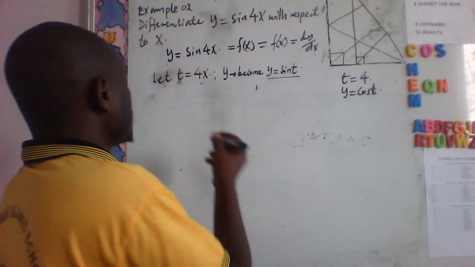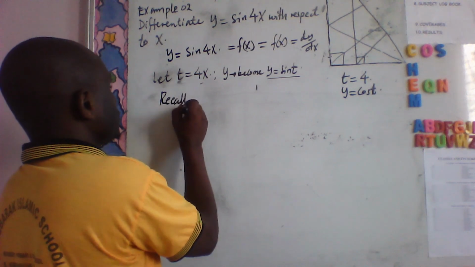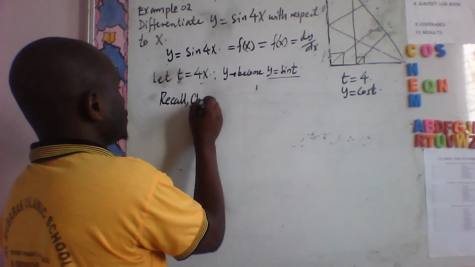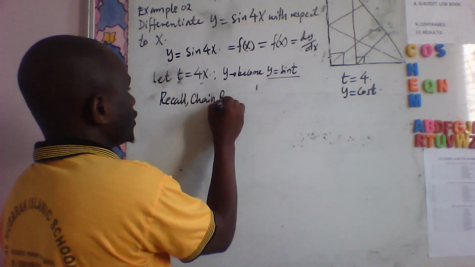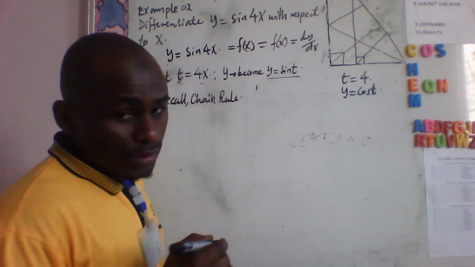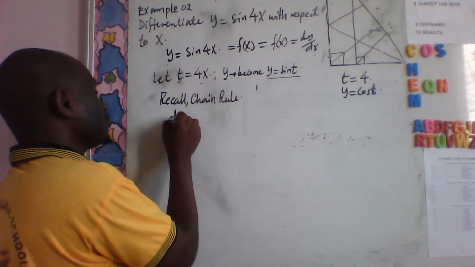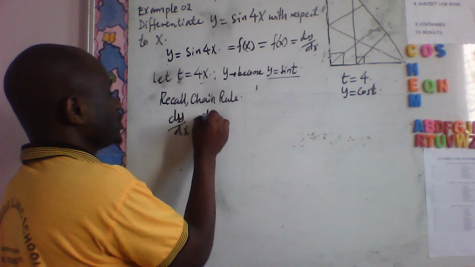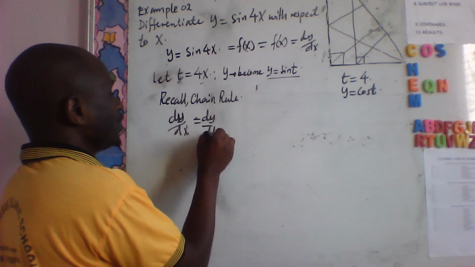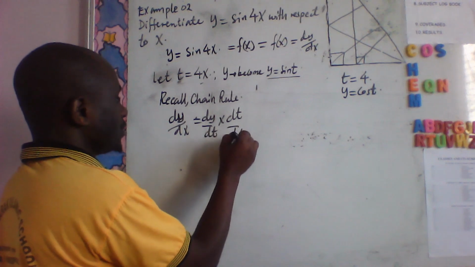So here we say that you recall the chain rule. If we recall the chain rule, it is dy over dx is equal to dy over dt times dt over dx.